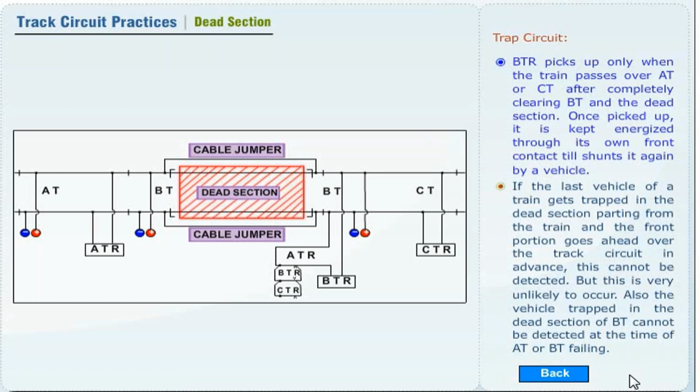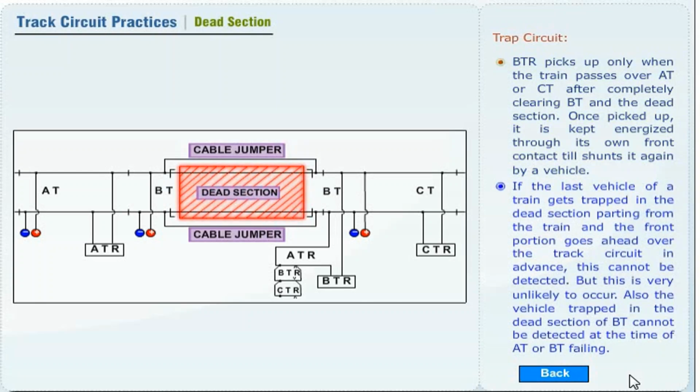BTR picks up only when the train passes over AT or CT after completely clearing BT and the dead section. Once picked up, it is kept energized through its own front contact till a vehicle shunts it again.